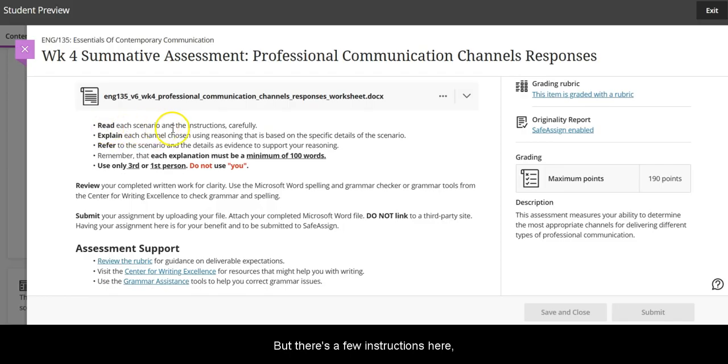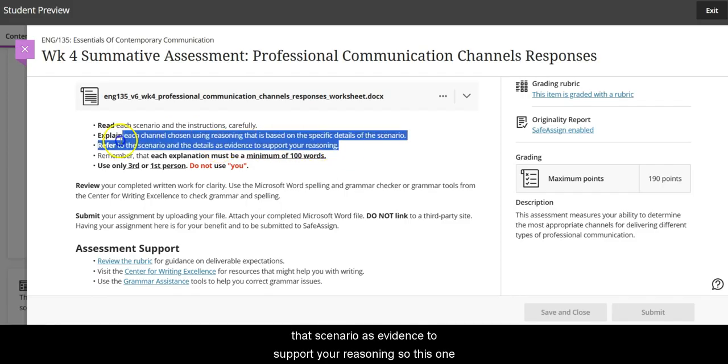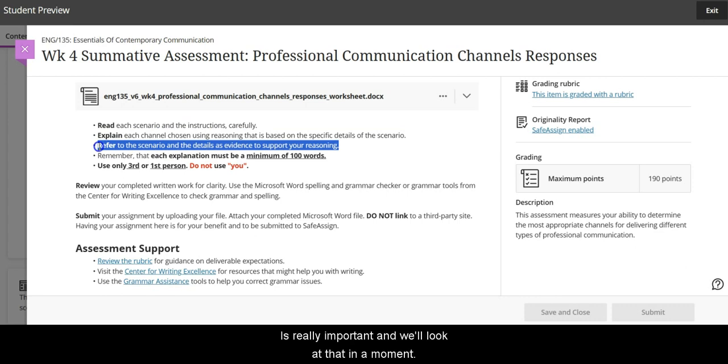There are a few instructions here: read each scenario and the instructions carefully and explain why you've chosen each of the channels, which you'll see in a minute, based on the details of the scenario. And then refer back to the scenario and the details of that scenario as evidence to support your reasoning. This one is really important, and we'll look at that in a moment.